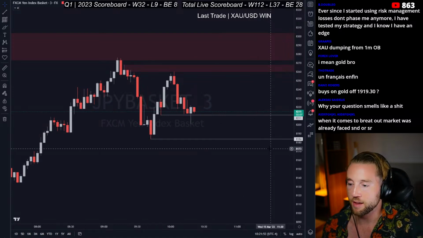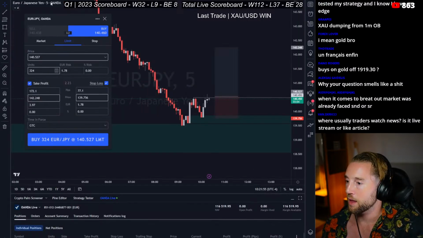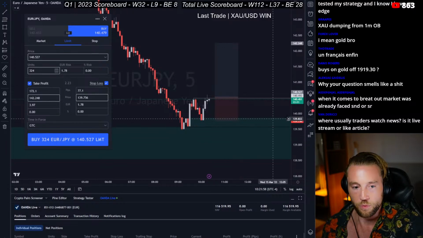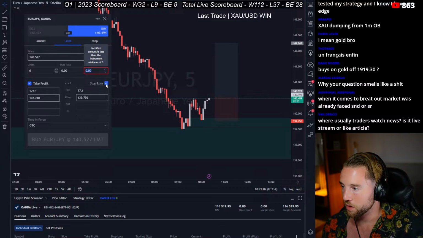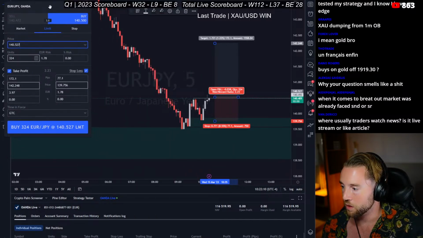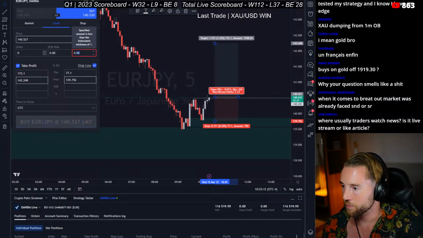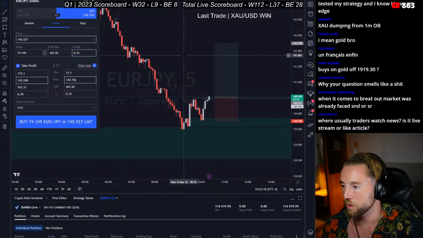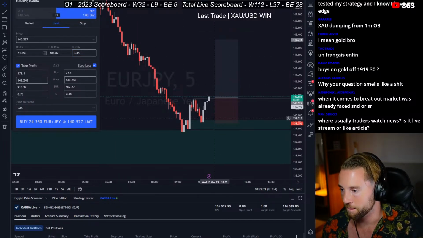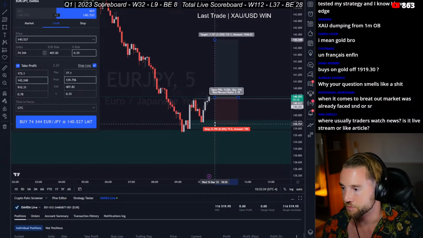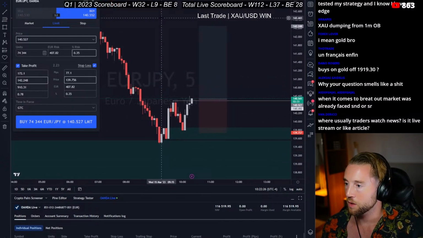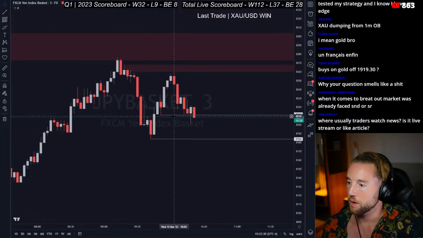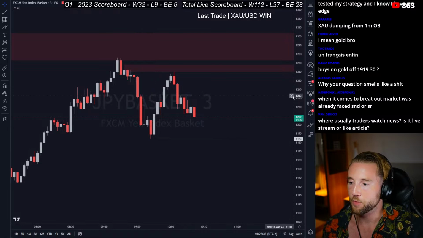So let's keep a close eye on the yen basket. Okay, yeah, let's go. Weak low, should be easy to take out.